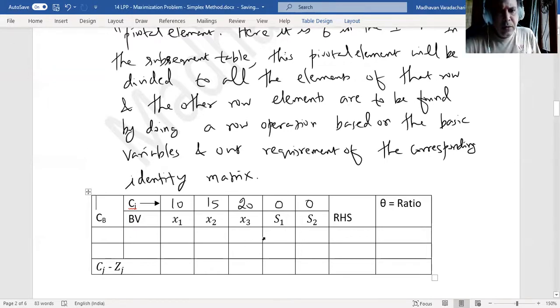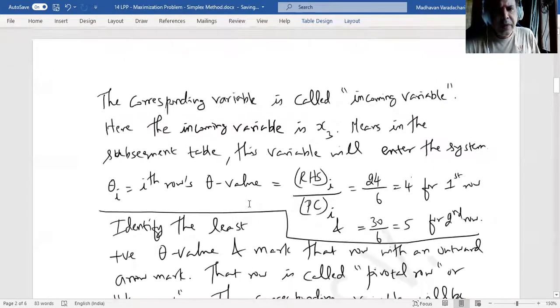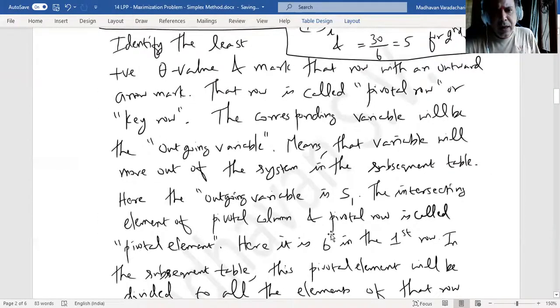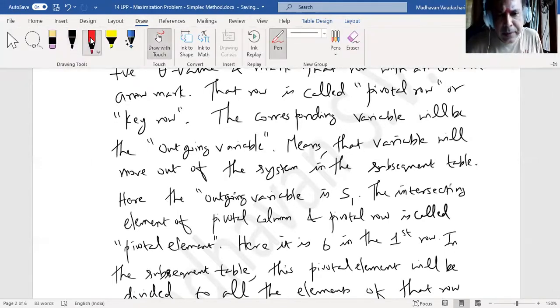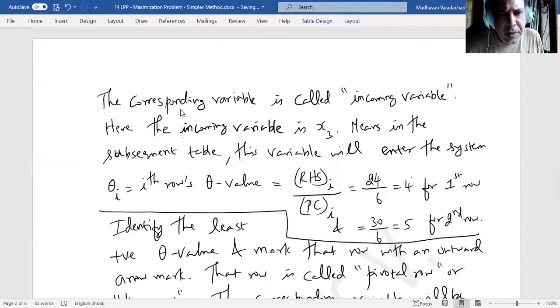Okay, now we might have noticed here outgoing and incoming. Incoming variable is x3 and then outgoing variable is s1. Let me mark it. Outgoing variable is s1, incoming variable is x3.